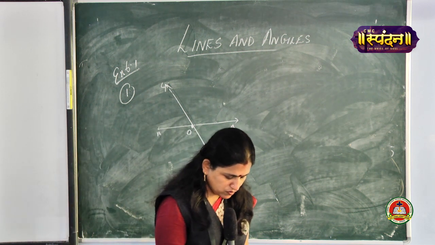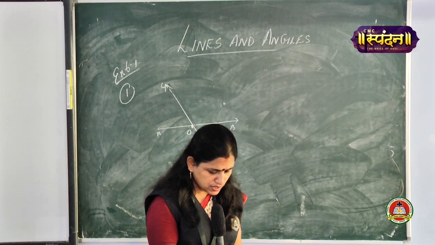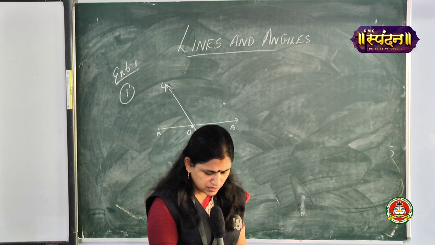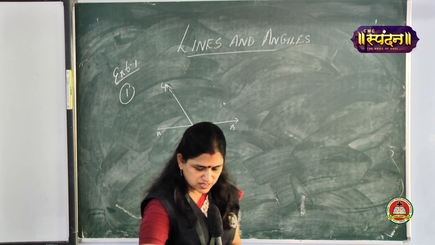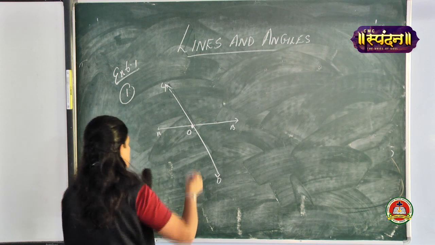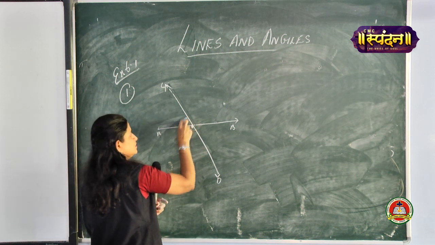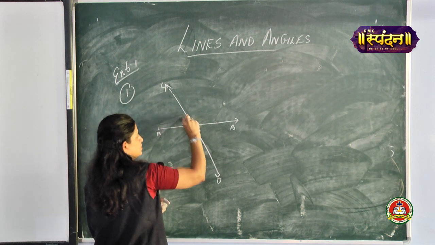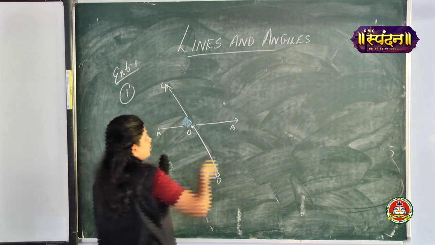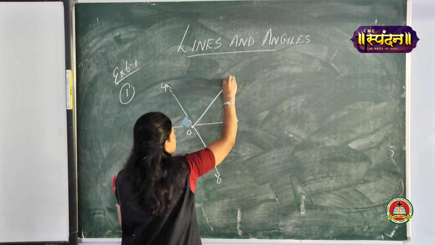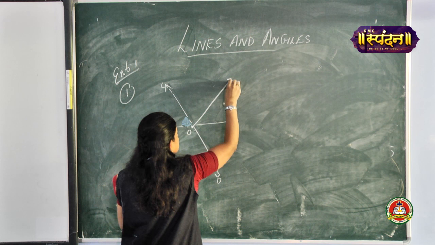And what is given over here? Angle AOC plus BOE is equal to 70 degree. So, let me shade these two angles. This is angle AOC, and one more is over here, BOE.